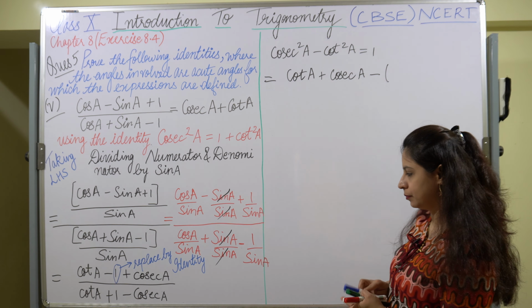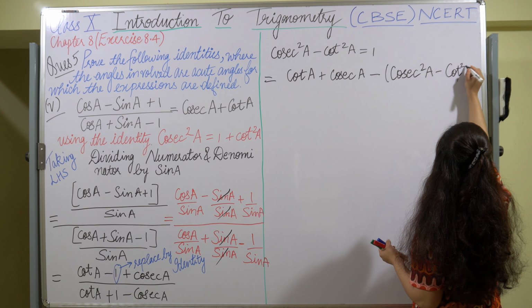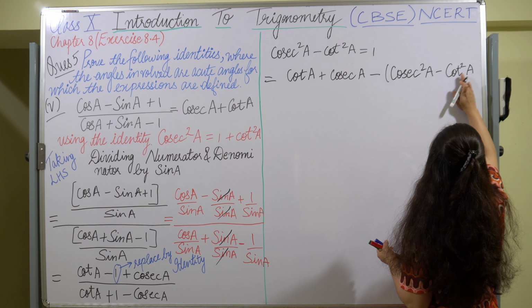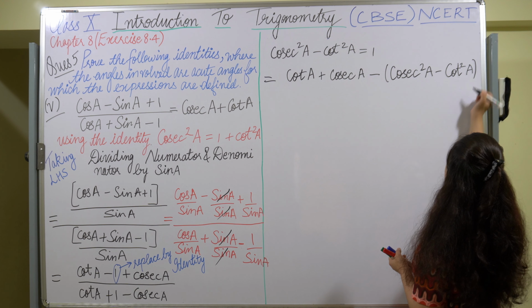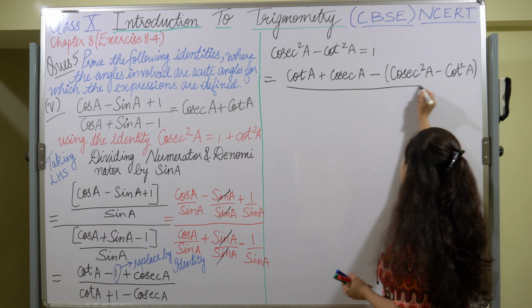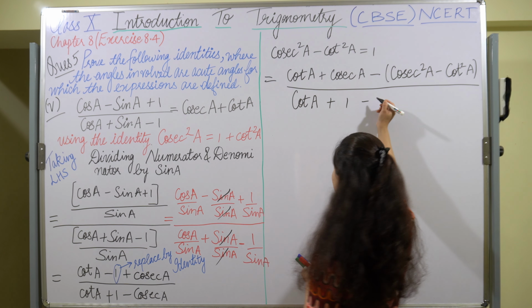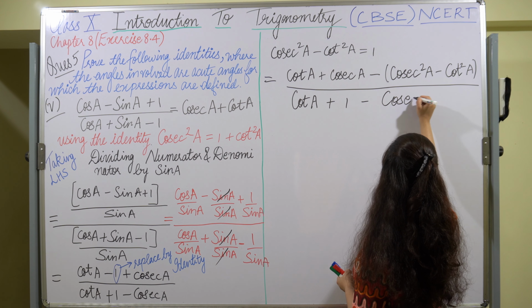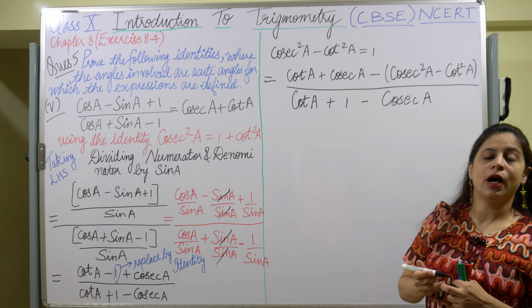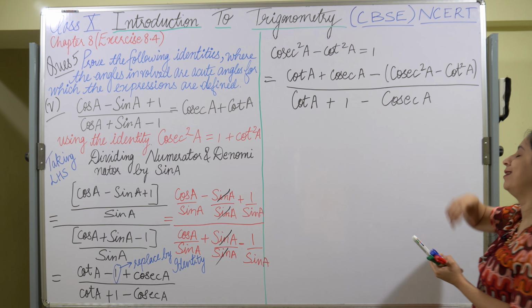So we will have over here cosec square A minus cot square A. Okay, and in the denominator we are already having cot A plus 1 minus cosec A. Okay, so here now it forms the formula for A square minus B square.